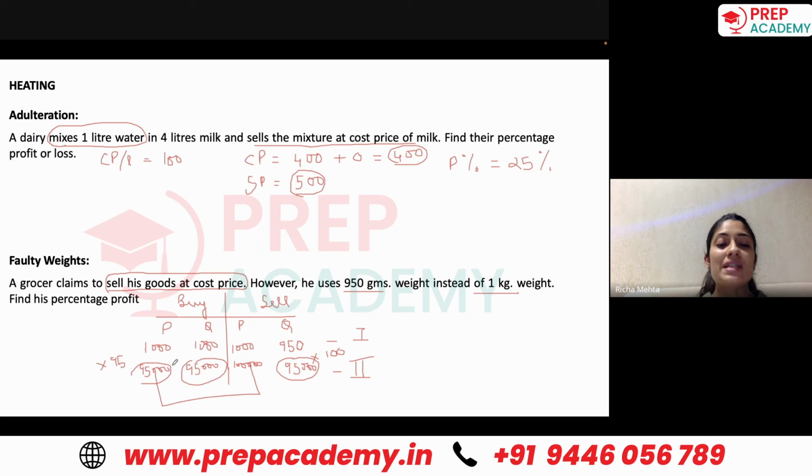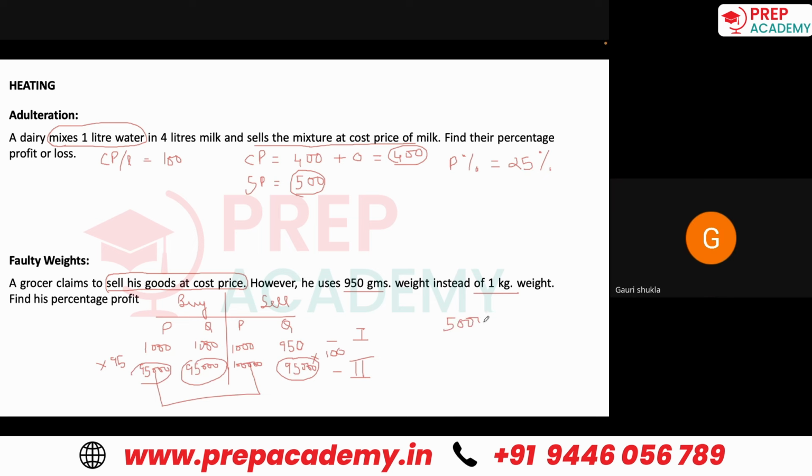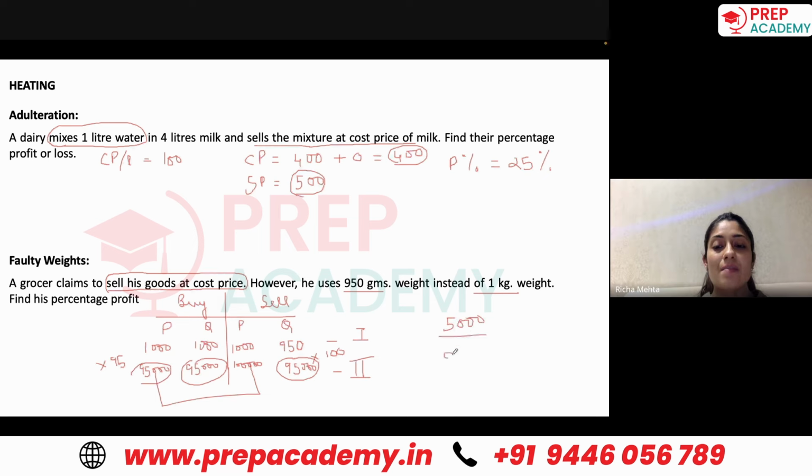So if my cost price is 95,000 and if my selling price is 1 lakh, what is my profit amount? 5,000, and my cost price is 95,000. So my profit percentage will be 5 upon 95, which is 1 by 19. What is 1 by 19 in terms of percentage? We don't remember.